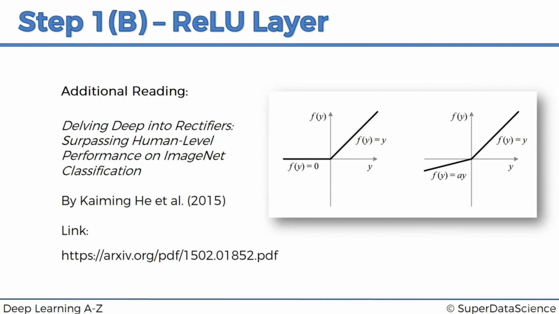Here the authors, Kaiming He and others from Microsoft Research, propose a different type of rectified linear unit function. They propose the parametric rectified linear unit function, which you see here on the right, and they argue that it delivers better results without sacrificing performance. So it's an interesting read if you'd like to get a bit more into this topic.